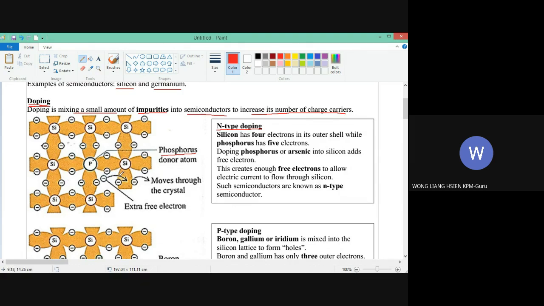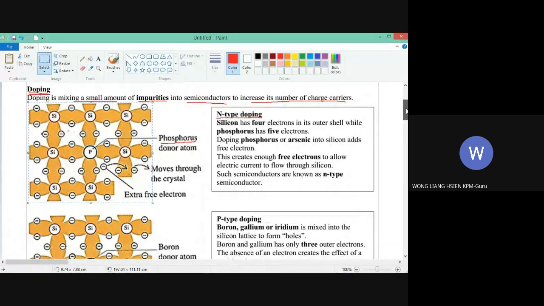It can move through among the silicon atoms. Okay, wait a minute. I think I'll start from the beginning, from the most basic one.